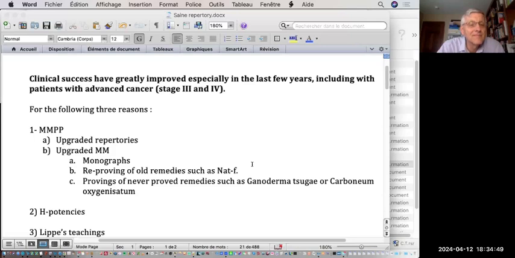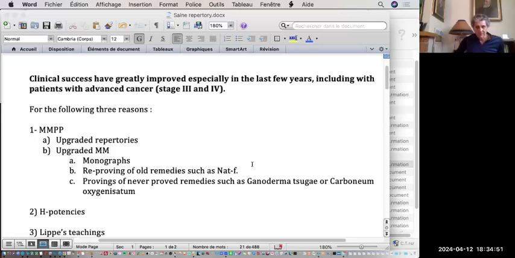Okay, very good. So when Tim said there's 150,000 new additions to the repertory, it's much more than 150,000 because we only counted entries. Entries means in a rubric, if a remedy was never there before and it was entered, so that would be one entry.